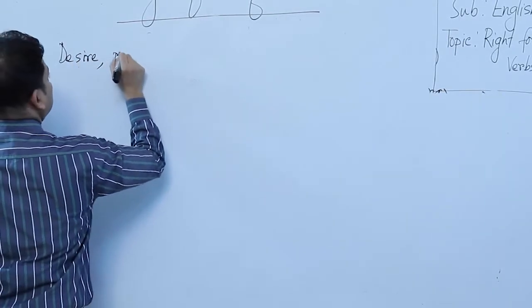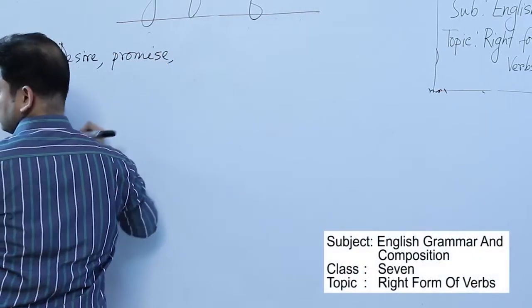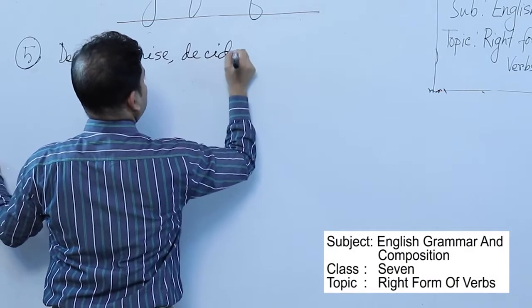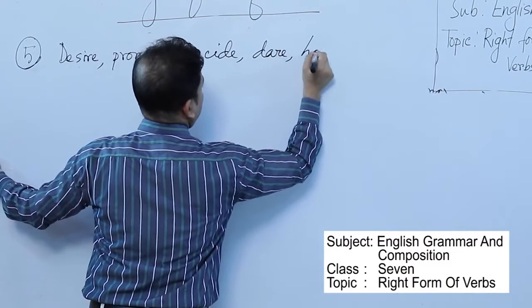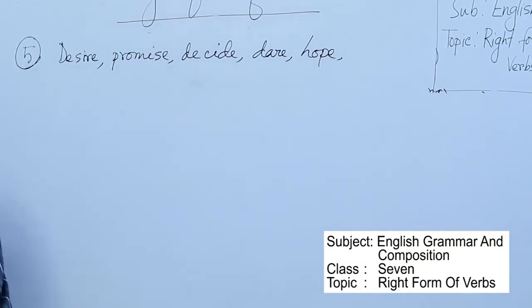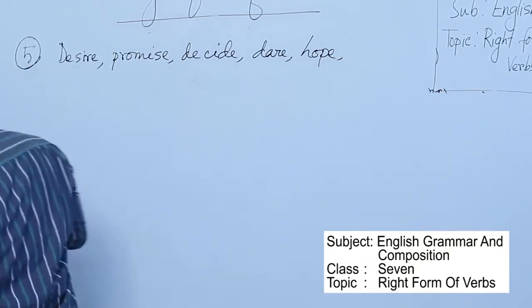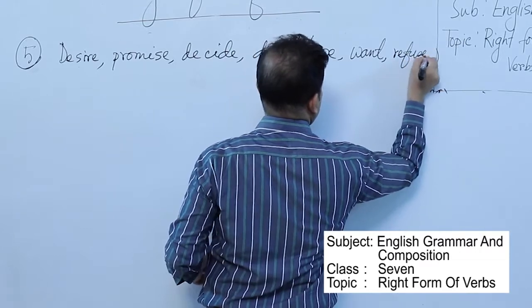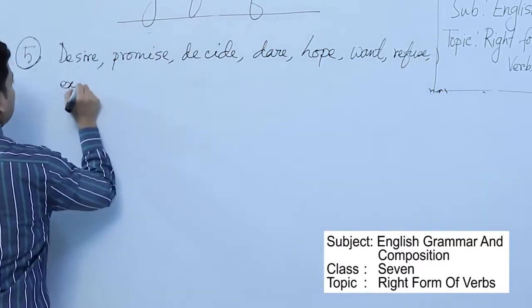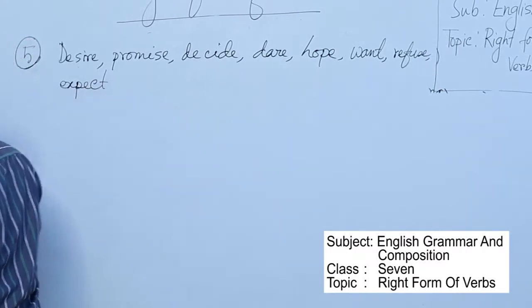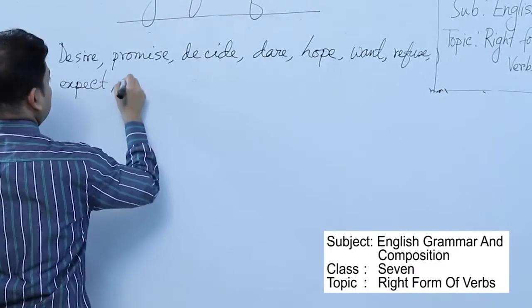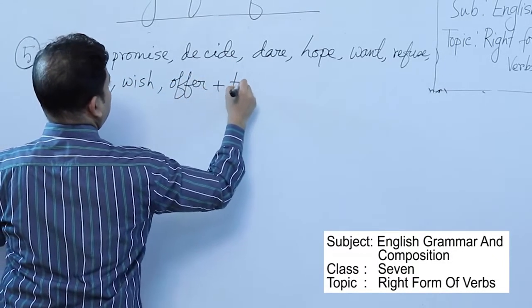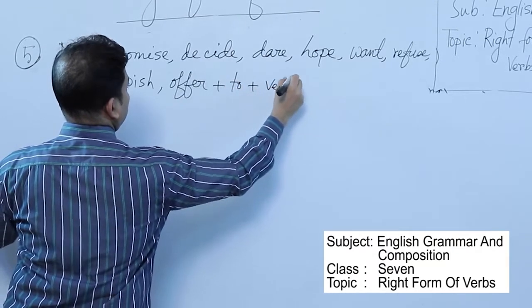If there is desire, promise, decide, dare, hope, want, refuse, expect, wish, or offer, there will be to plus verb.